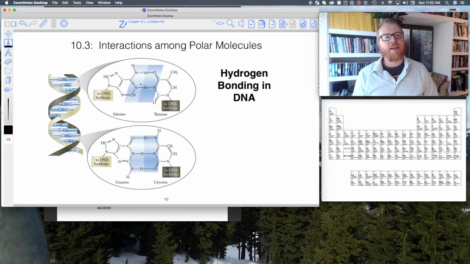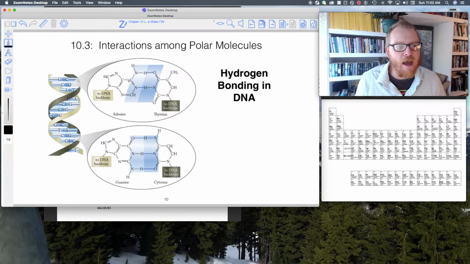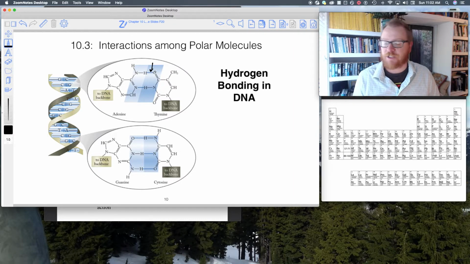So for example, if we look here at adenine, there's this amine group, this NH2 group, right? So that contains a hydrogen, and it can do a hydrogen bond with a neighboring thymine with that hydrogen interacting with the oxygen.